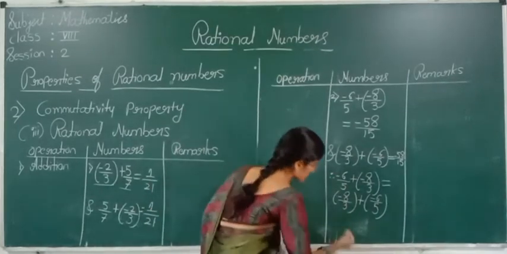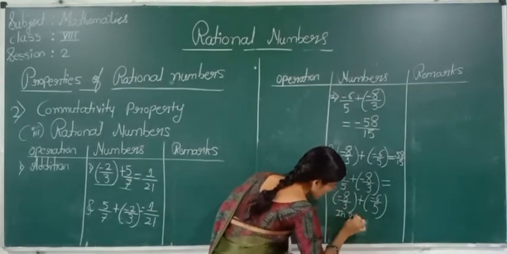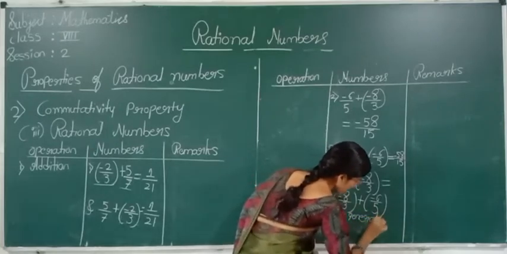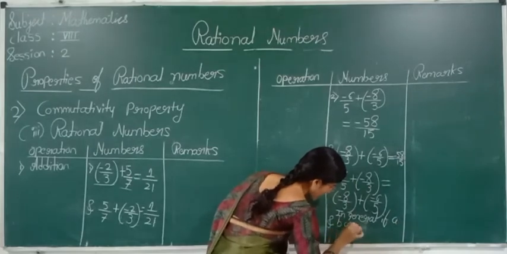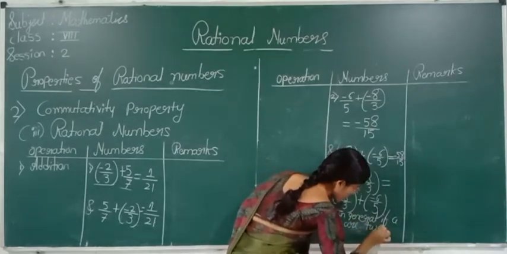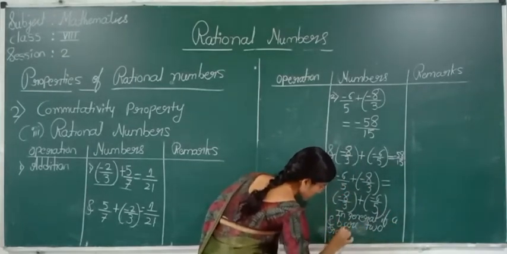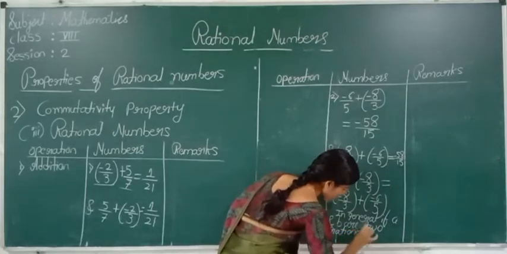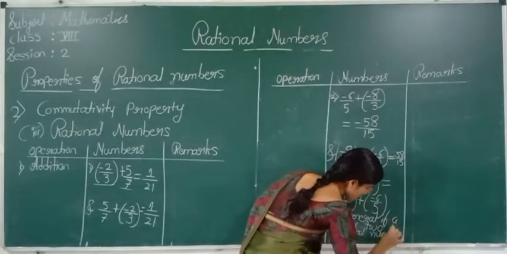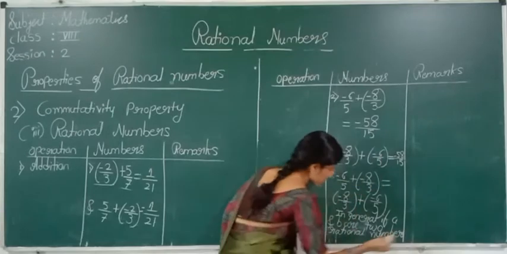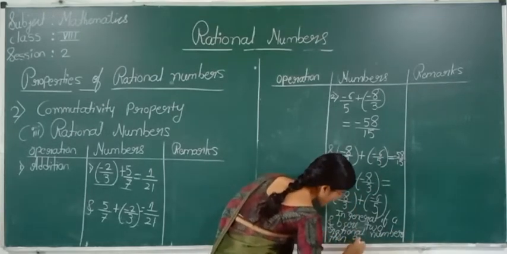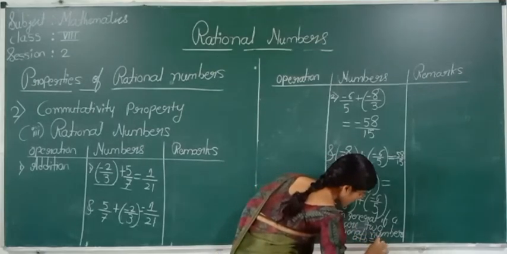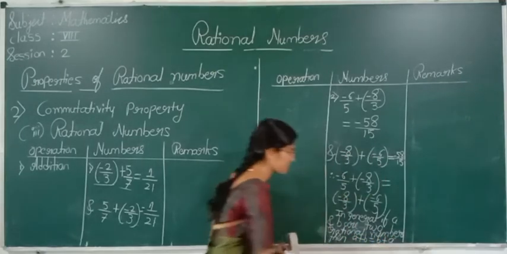What we can tell is that in general, if a and b are two rational numbers, then a plus b is equal to b plus a.